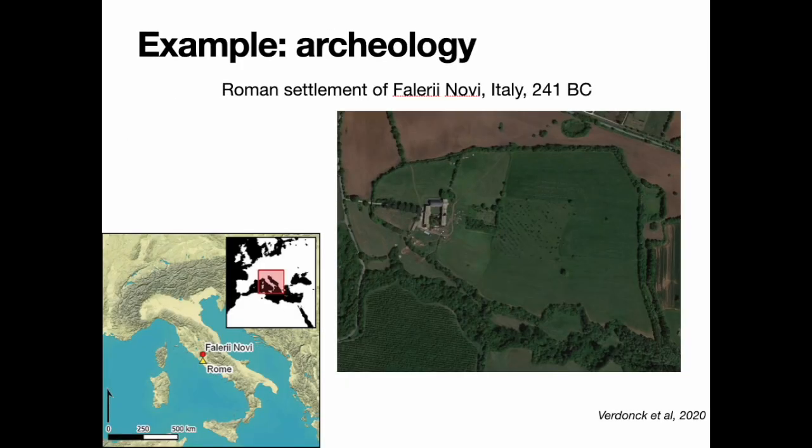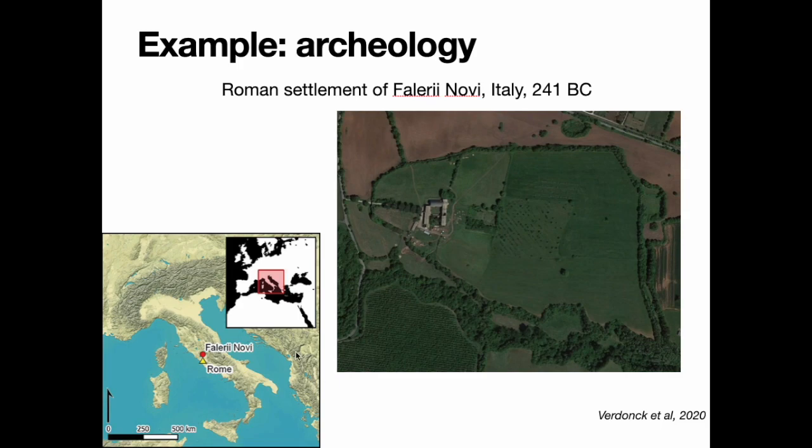A nice and last example is the use of georadar in archaeology. So you see an example here of the Roman settlement of Faleri Novi in Italy. It's a Roman settlement that dates to 241 before Christ.